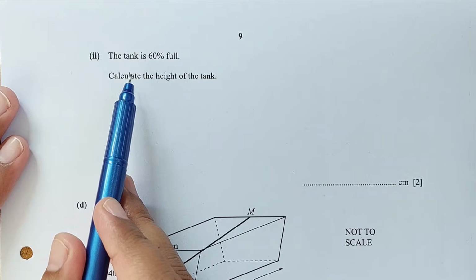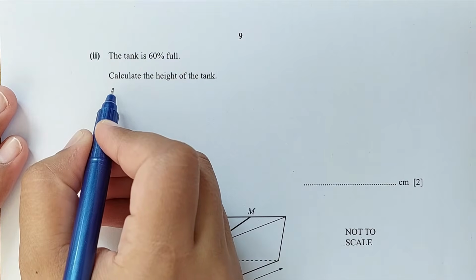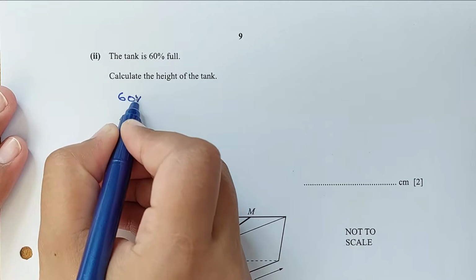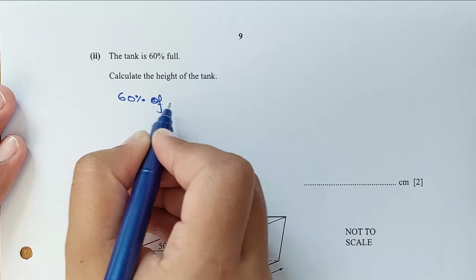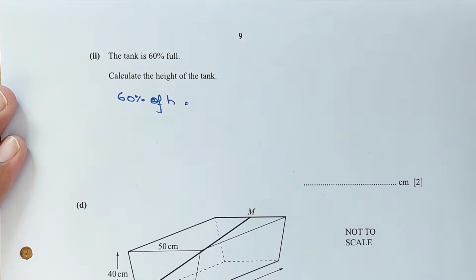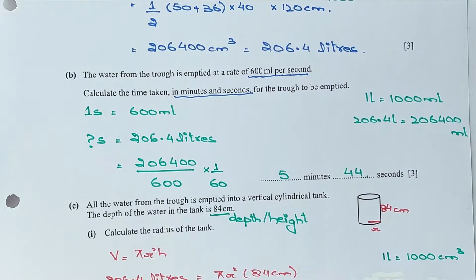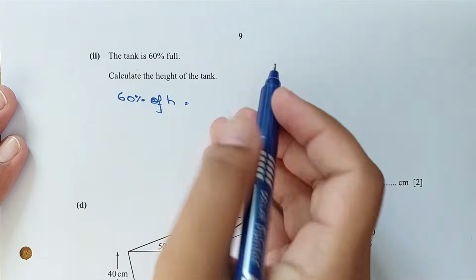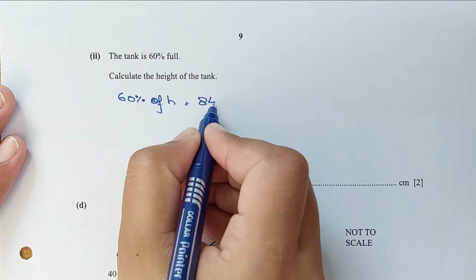Okay, 60% is full, so we need to find the height of the tank when it is 60% full. So we know that 60% of the height equals the total height, and the height when the trough is emptied is 84 centimeters, right?